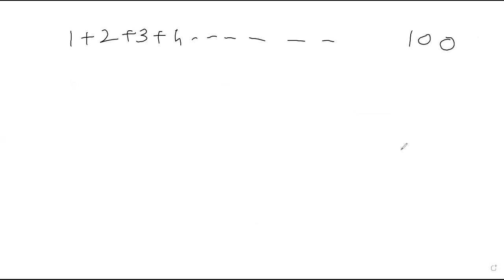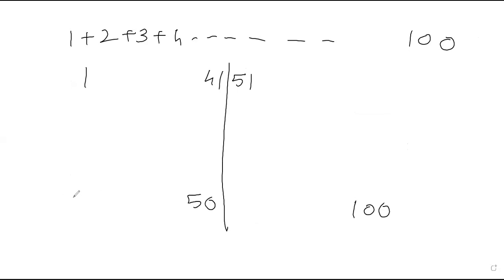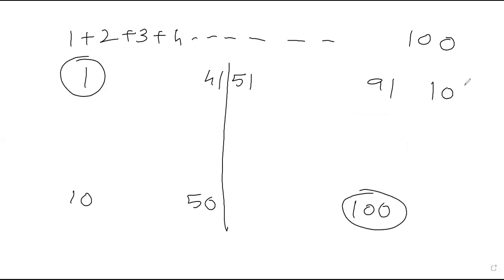Of course, he didn't use any of this formula. He just made two groups, 1 to 50 and 51 to 100. 1 to 10 is over here, 91 to 100 is over there. I'll say 1 and 100 I'll add, I'll get 101. 2 and 99 I'll add, I'll get 101. 3 and 98 I'll add, I'll get 101.